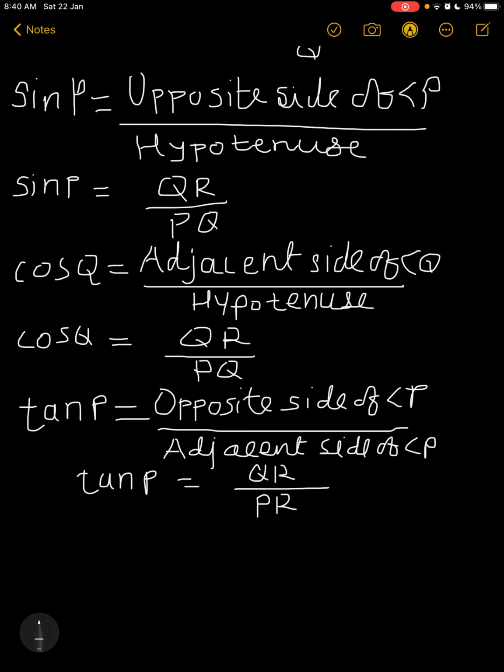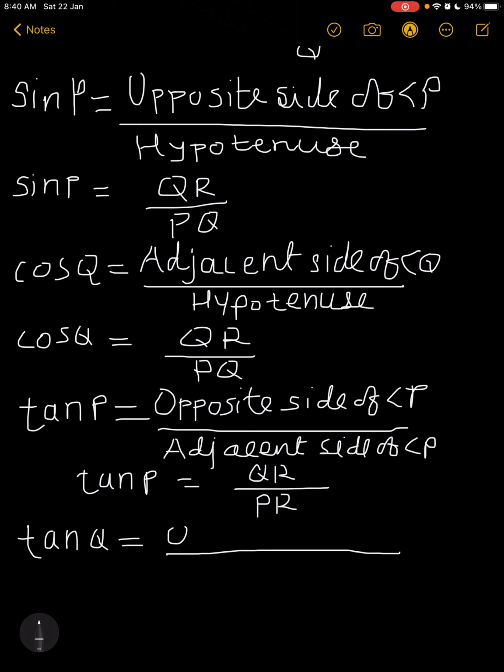The last ratio you have is tan Q. All the three definitions I have given in the first three answers. Now only the letter or angle will change, but the definitions will remain the same.